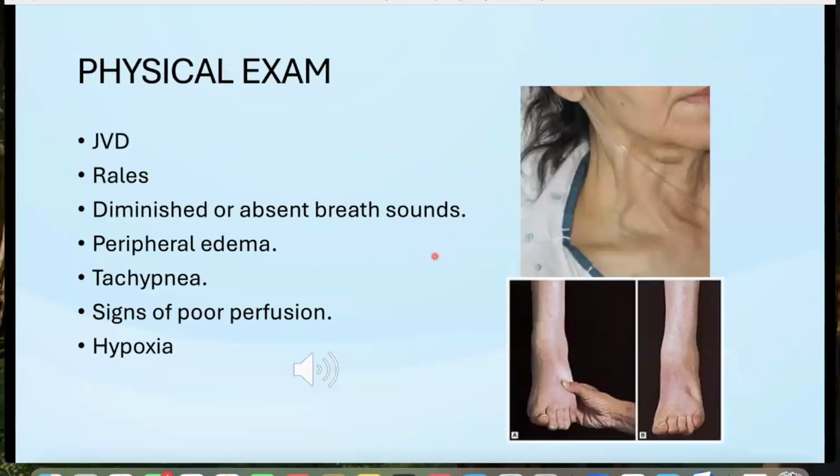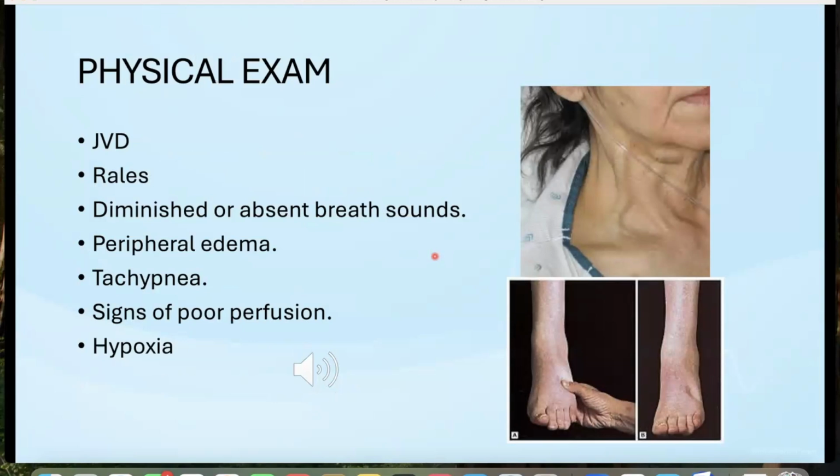So our exam may show JVD, rales. There may be diminished or absent breath sounds if they've gotten that full. Some of them may have peripheral edema. However, because these are relatively rapid onset, we won't always see pulmonary edema.